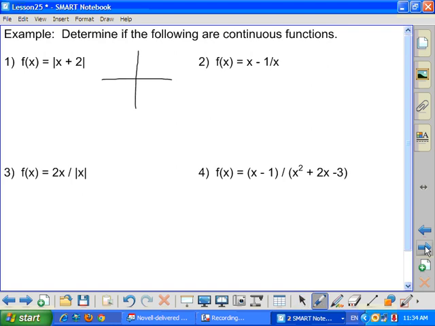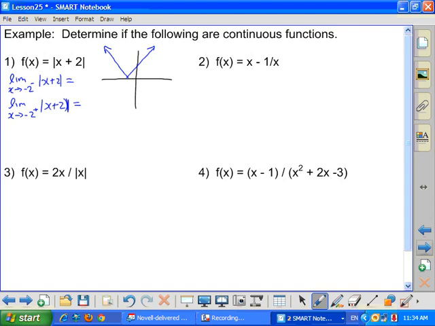Absolute value, and it's been shifted left 2 units. So now it's over here. And I'm analyzing it as x approaches -2. So the limit as x approaches -2 from the negative side, and then I want to do an analysis as x approaches -2 from the positive side.